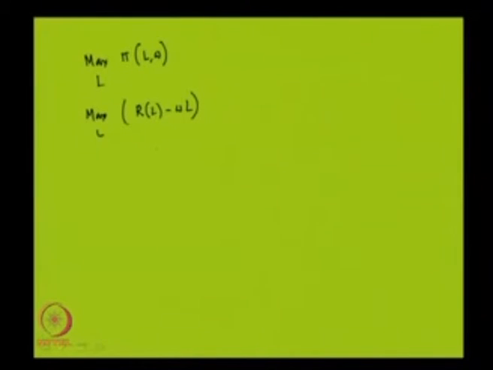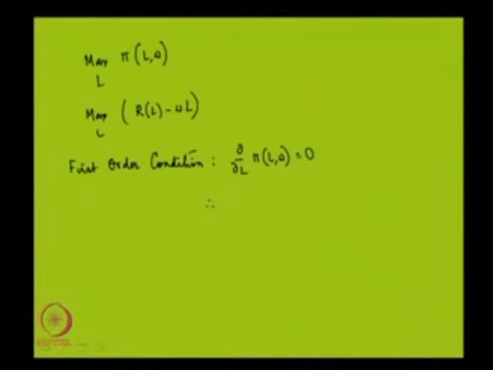And if you have a function of just one variable, which is L here, and you want to maximize the function, then we depend on the first order condition. Right, here W is given, W is a parameter. So, set it equal to 0.